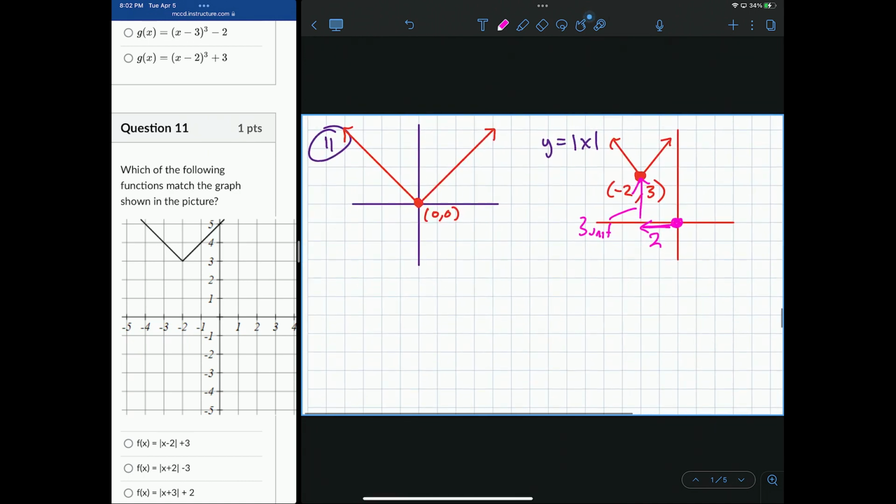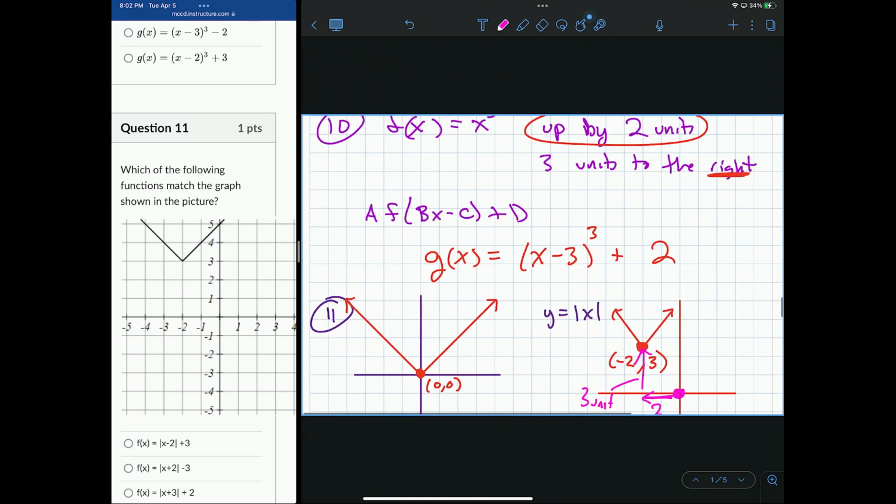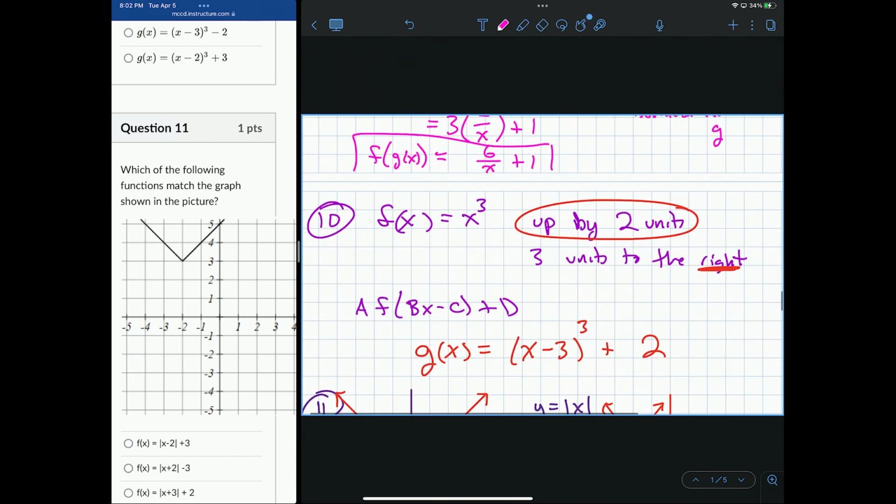So basically what you're doing is you're starting with this function, absolute value of x, and if we wanted to move it 2 units to the left, it would be that, right? So left is going to be a +2, just like on the previous one, it was a minus because it was to the right. X minus 3 was to the right.